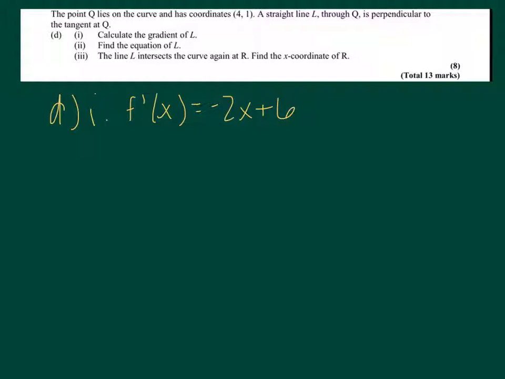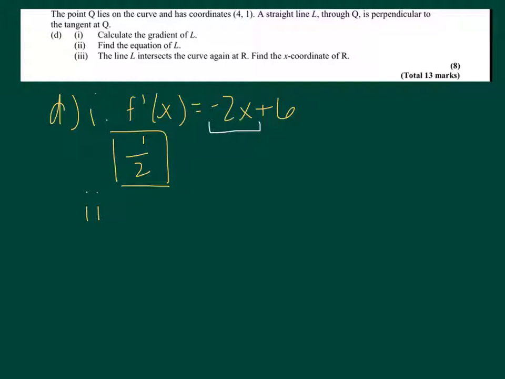So here the gradient is negative 2. That means the gradient of L, which is perpendicular, would be the negative reciprocal of negative 2, which is positive 1/2. So that is the gradient of L.